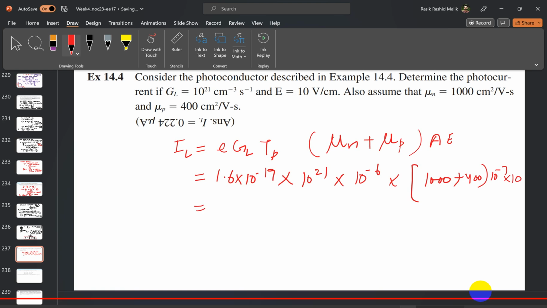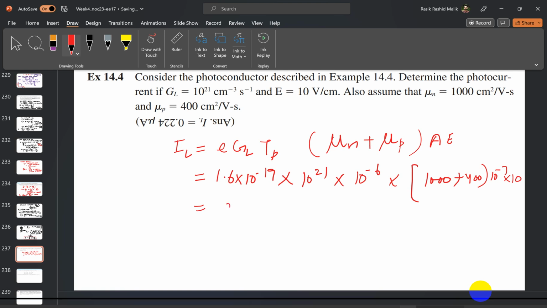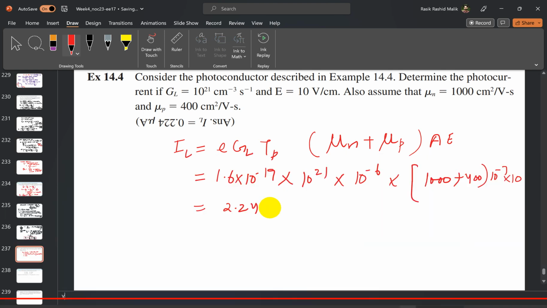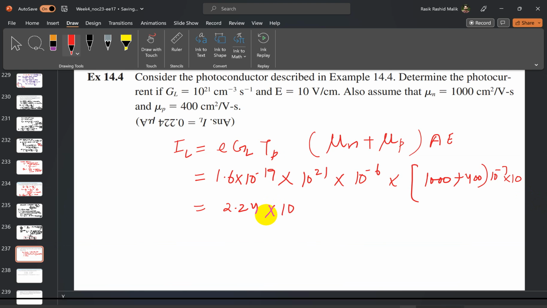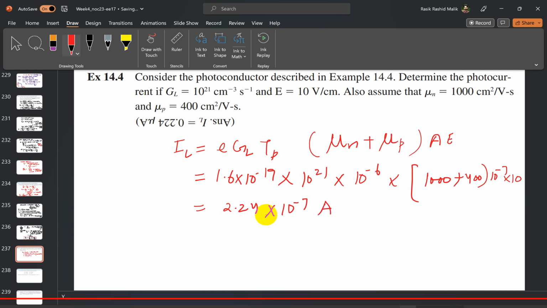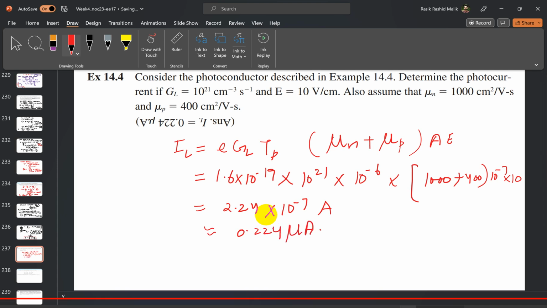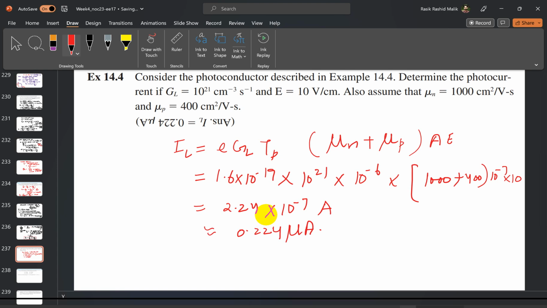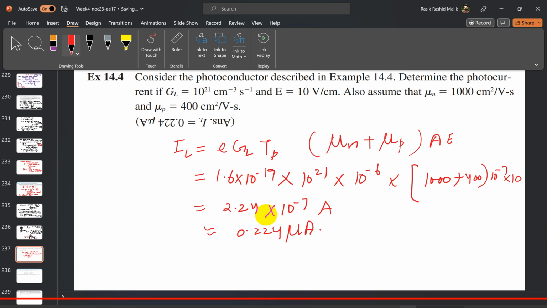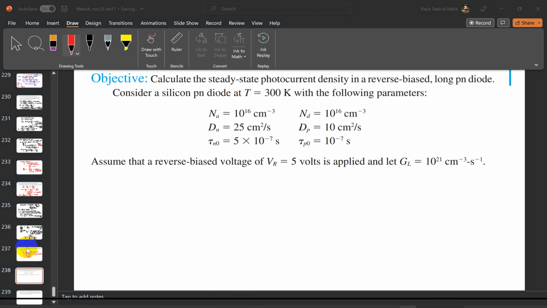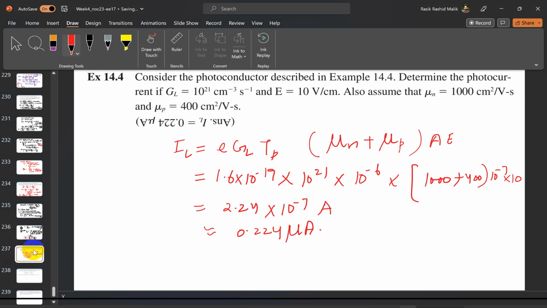So let me calculate this value. It is coming out to be equal to 2.24 into 10 to the power minus 7 ampere, so that is 0.224 microampere. Okay, so let's stop here, and thanks for joining.